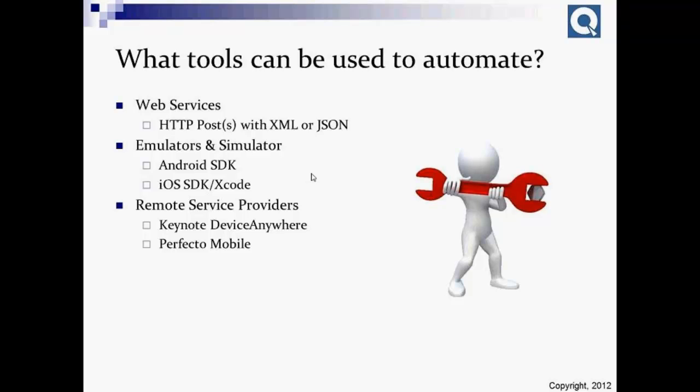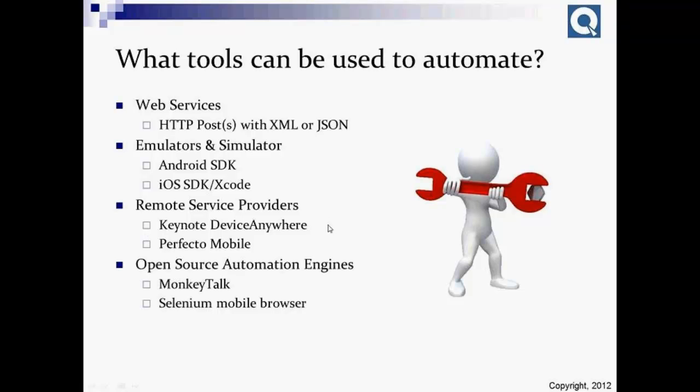This gives application development teams the ability to get access to all the devices with the different carriers and the different operating systems, from one service provider. These companies also provide automation capabilities.